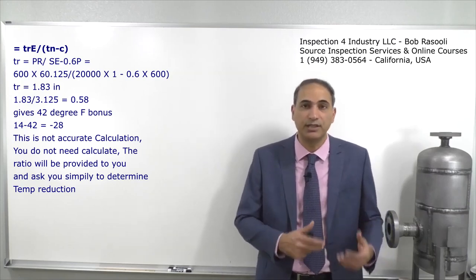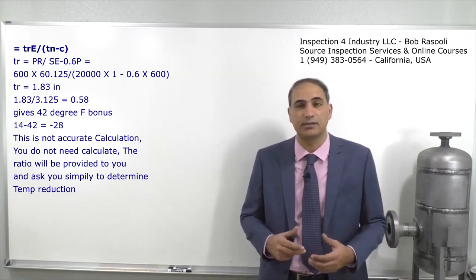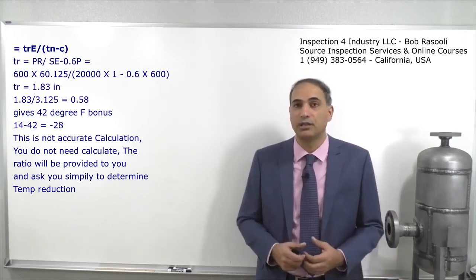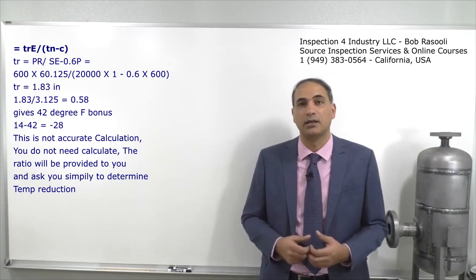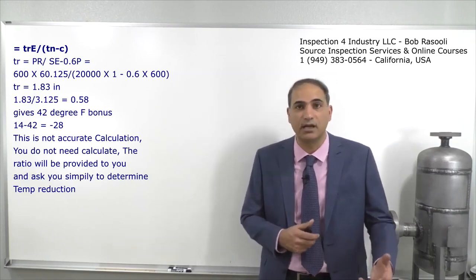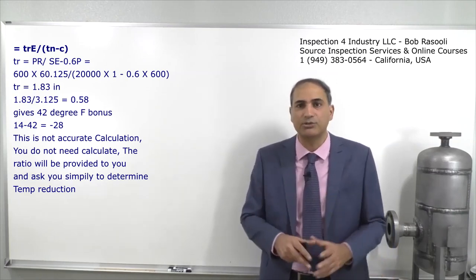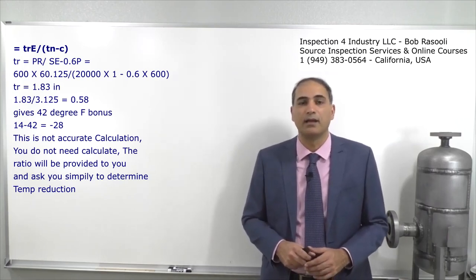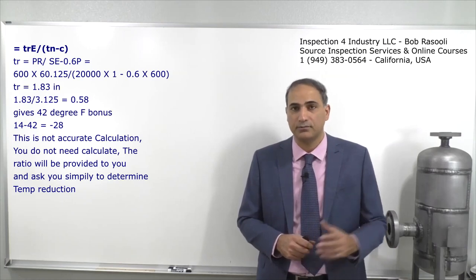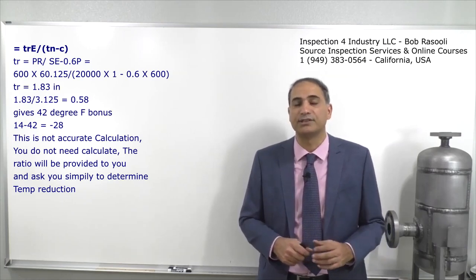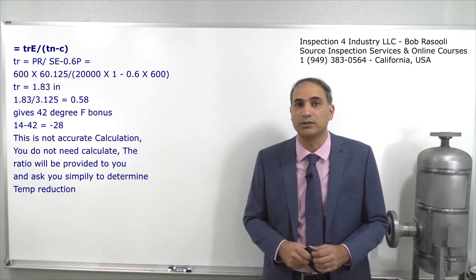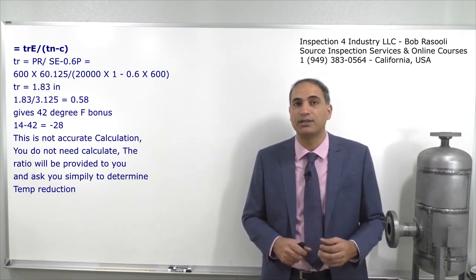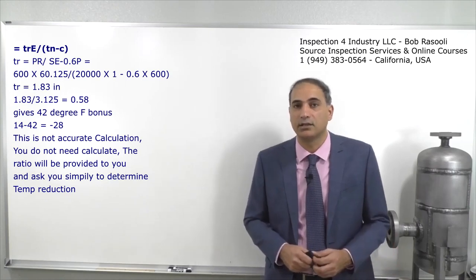So as your temperature decreases, your pressure is also going to decrease. Then at minus 30 degrees Fahrenheit, your pressure might not be 900 psi, it might be 600 psi. I made this assumption and calculated the coincident ratio. You can see the formula on the left side of the curve: the coincident ratio is equal to TR multiplied by the E joint efficiency and divided by TN nominal minus the corrosion allowance.